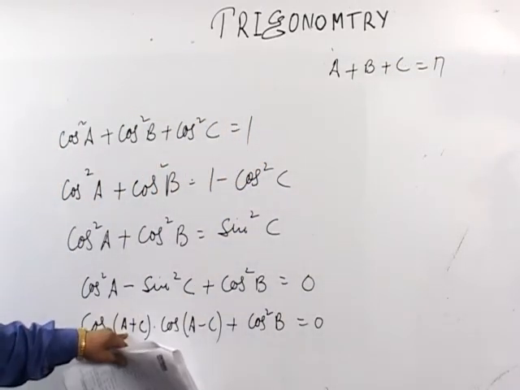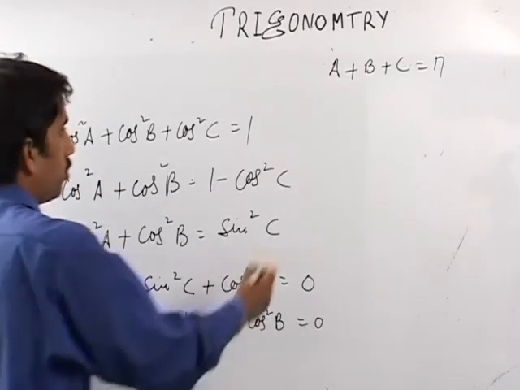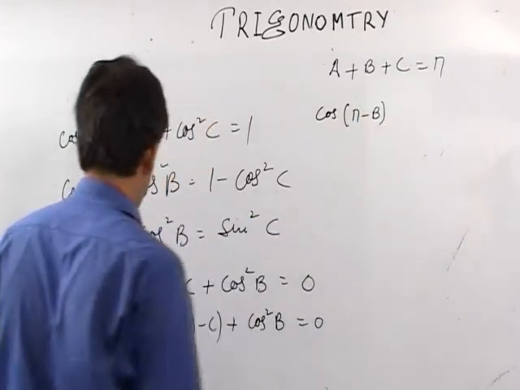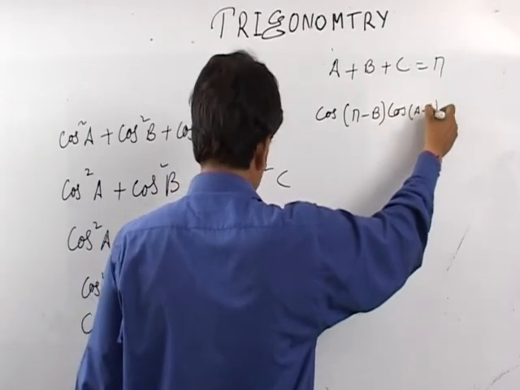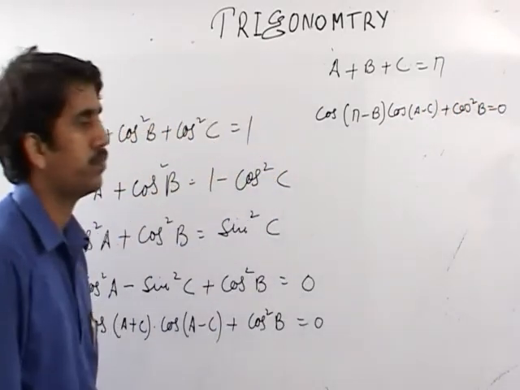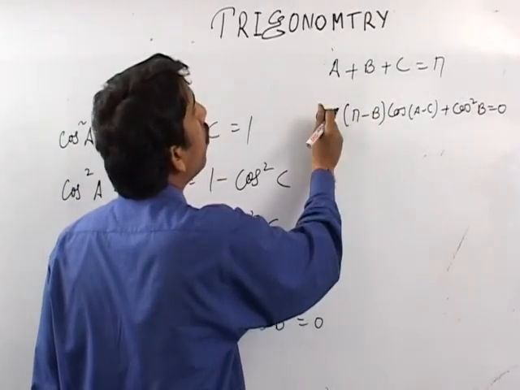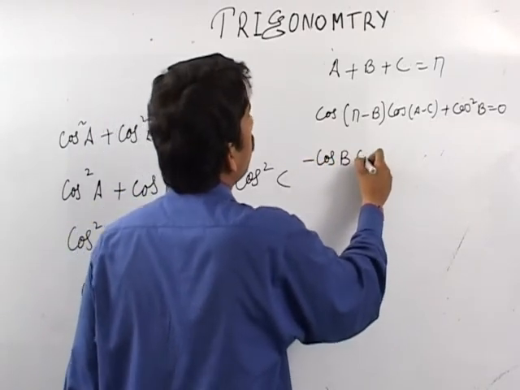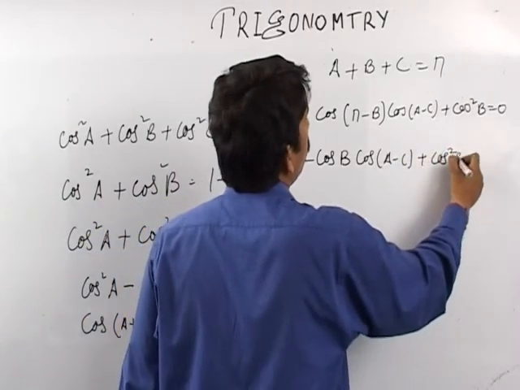That means A plus C will be equal to pi minus B. So this will be equal to cos of pi minus B into cos of A minus C plus cos square B equal to 0. In the second quadrant cos is negative, so this will be minus cos B cos of A minus C plus cos square B equal to 0.